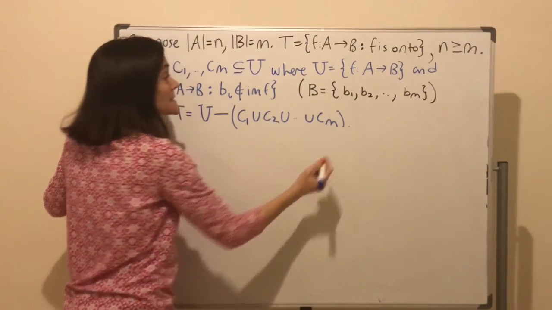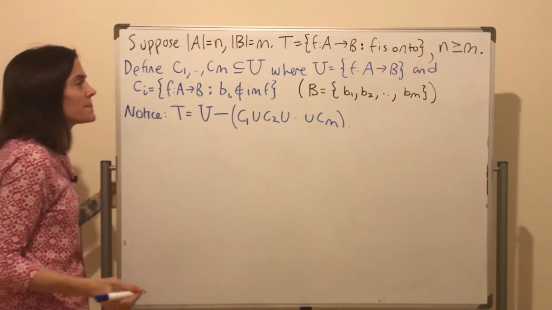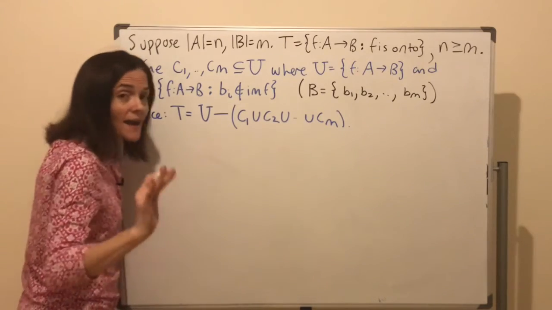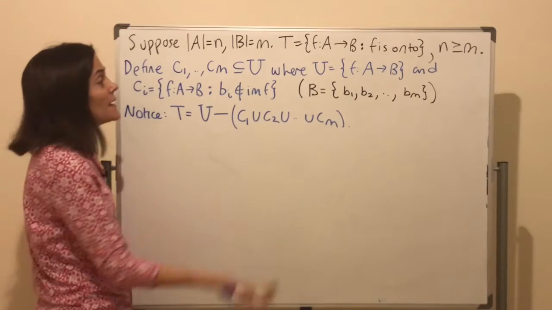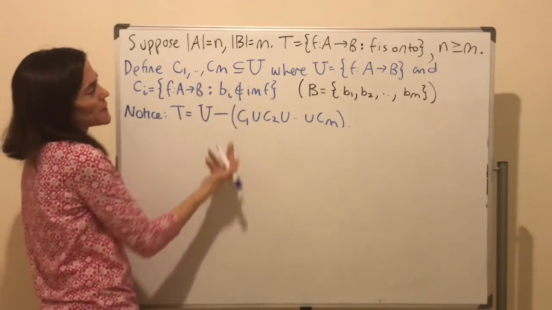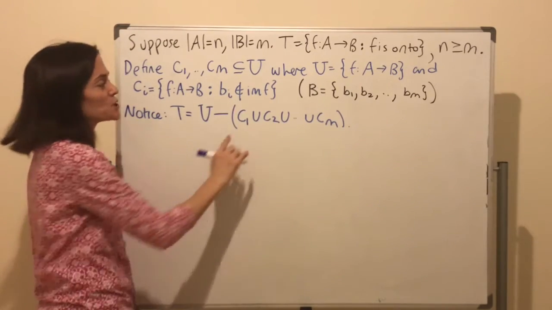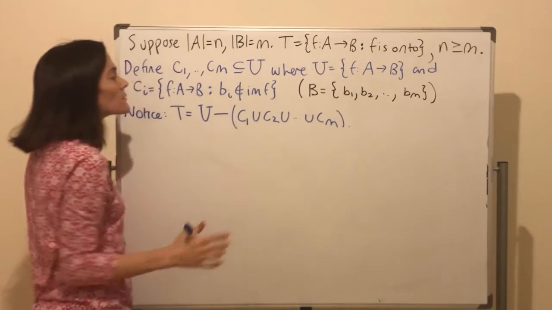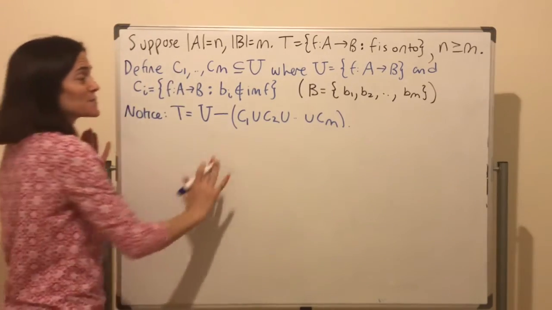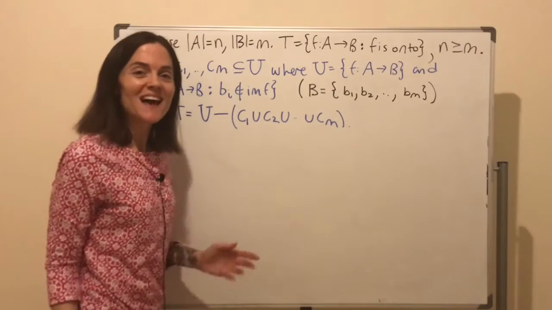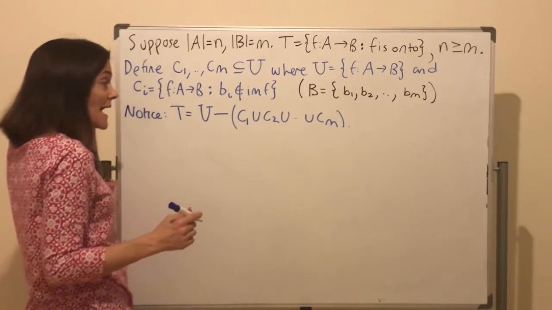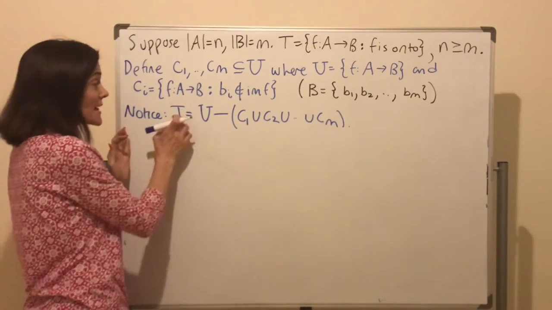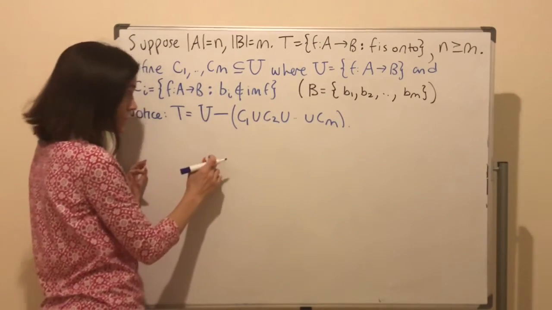For the exact same reason as before, if you are not onto, it means the image of f is not all of B. That would say that at least one of these Bi is not in the image, so you would be in one of these, right? So if you take all functions minus this, what we are left with is precisely the onto functions. And so the cardinality of T is the cardinality of U minus the cardinality of this union.